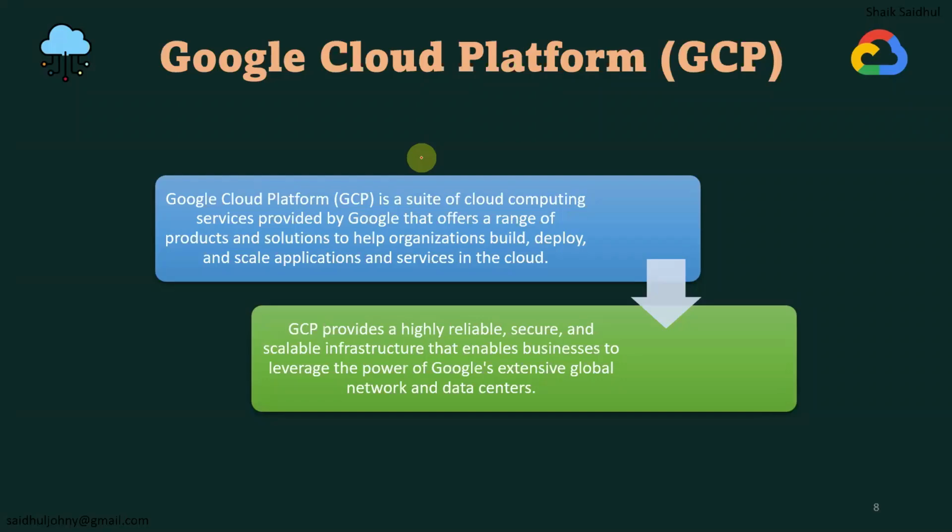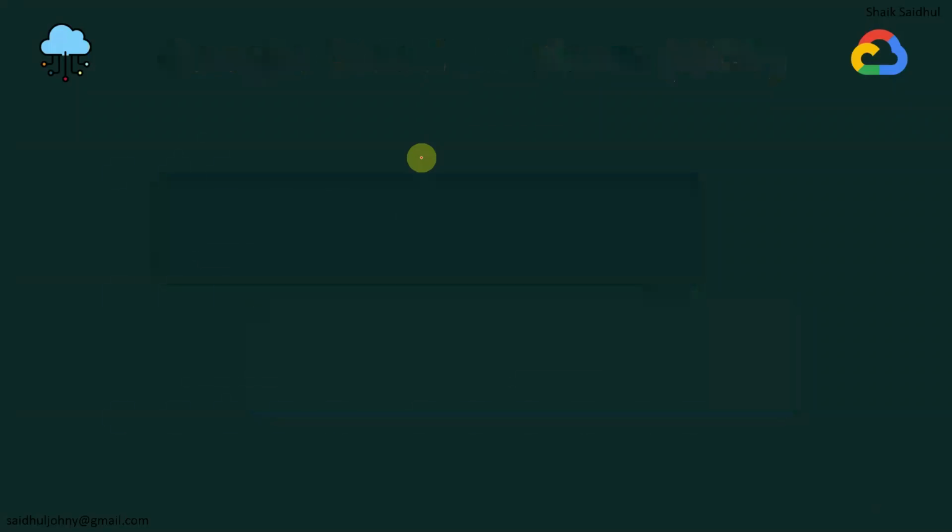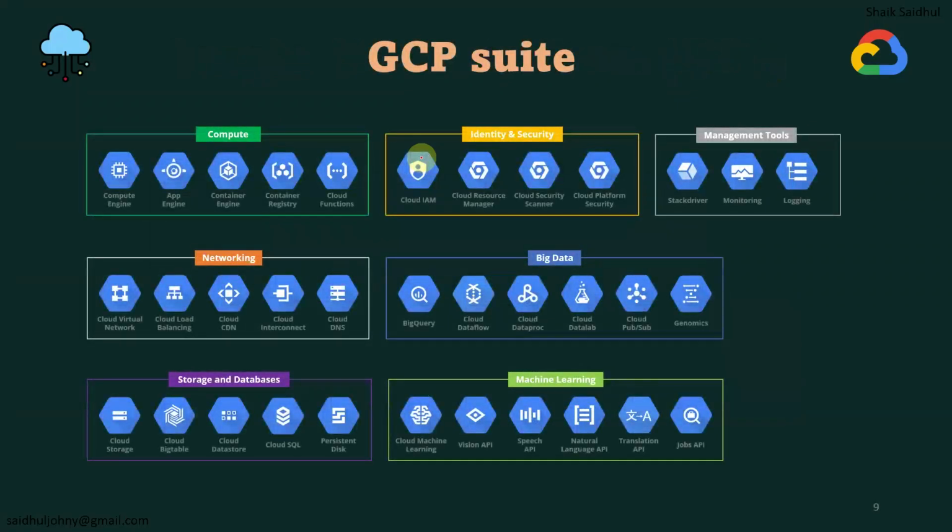Some of these services you can see here: compute services, identity and security services, management tools, networking services, big data services, storage and database services, and machine learning services. It is offering you a wide variety of services.